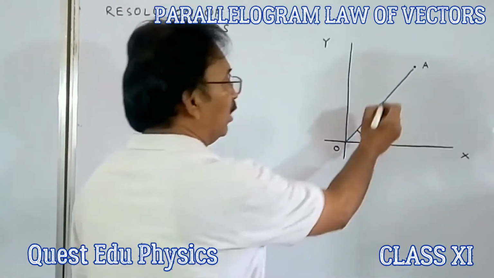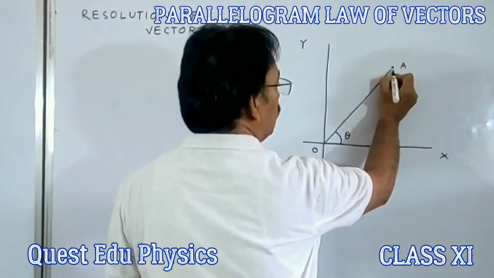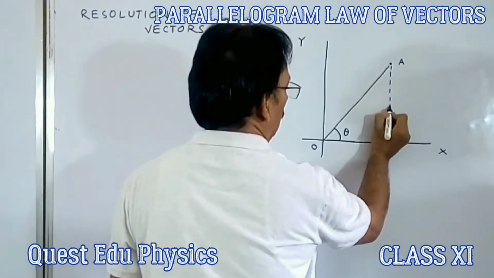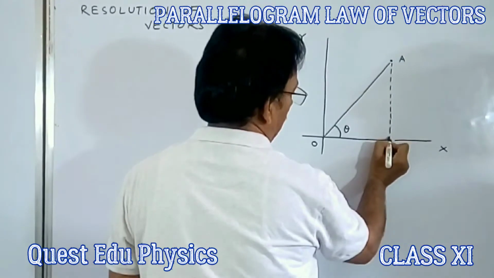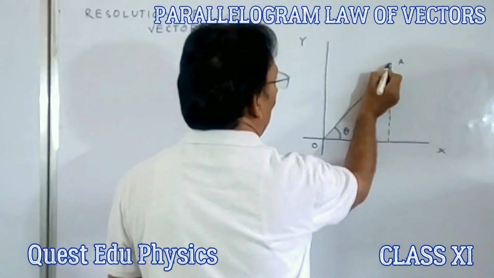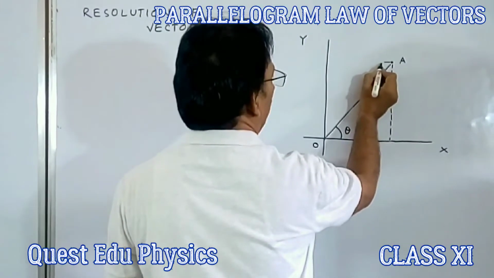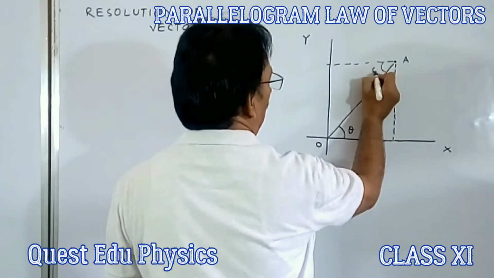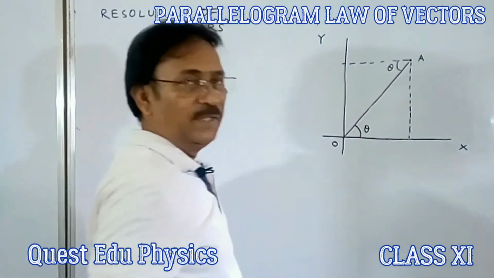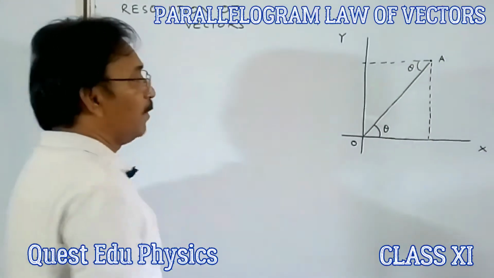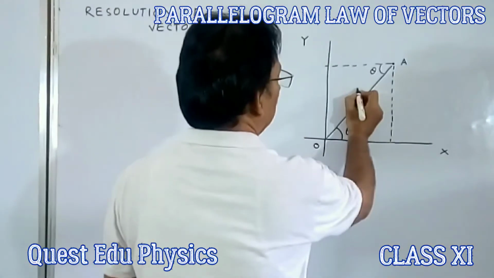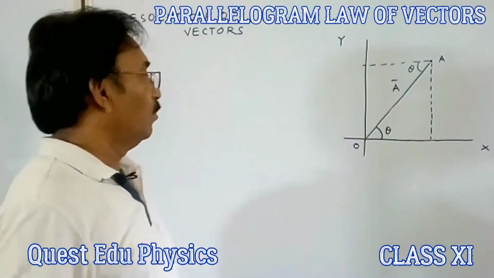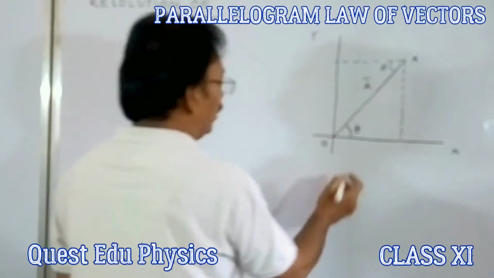Now I am dropping a normal from A to the x-axis, and as well as a normal from A to the y-axis. Let this vector be vector A. If you watch this carefully, you will find a triangle.